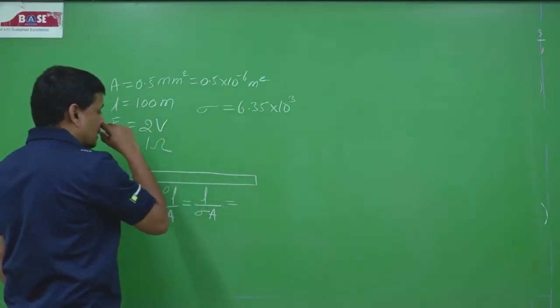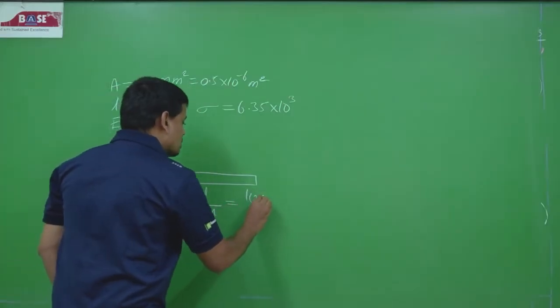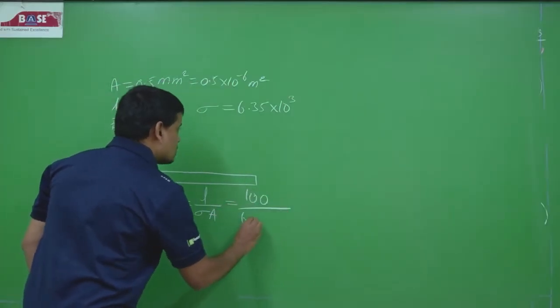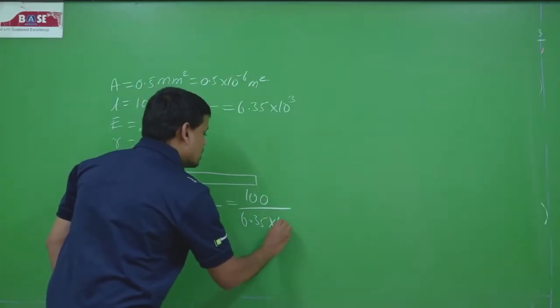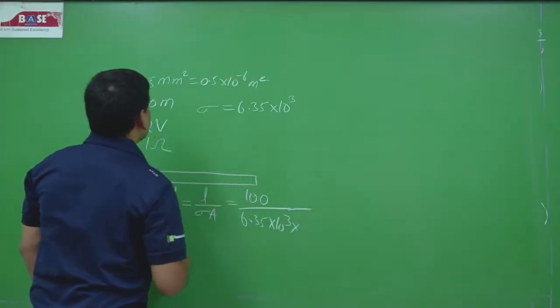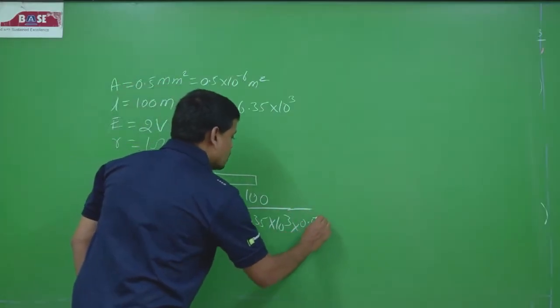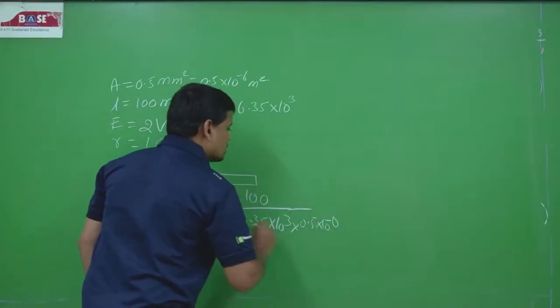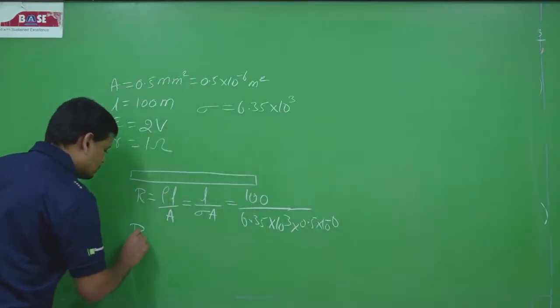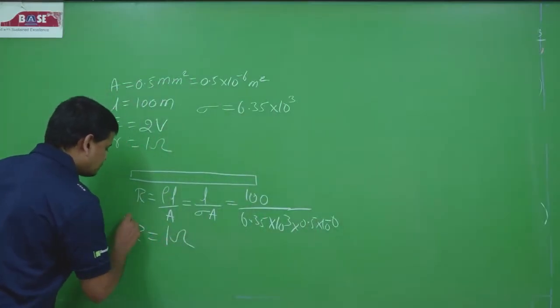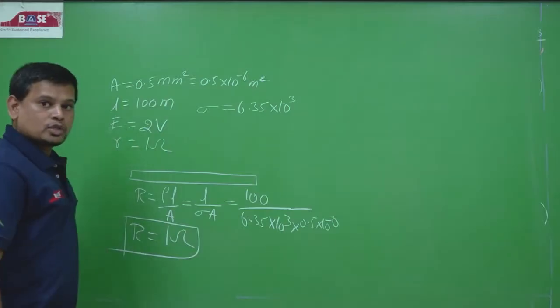So 100 upon 6.35 times 10 raised to 3 times the cross-section area, 0.5 times 10 raised to minus 6, sums up to 1 ohm.